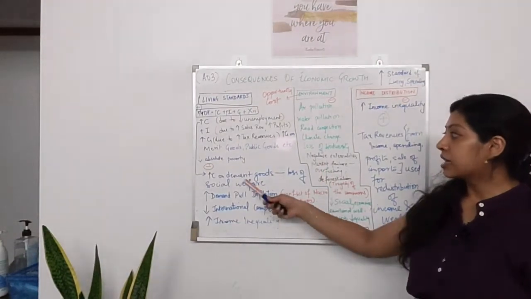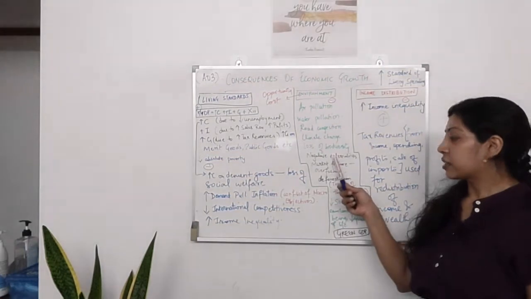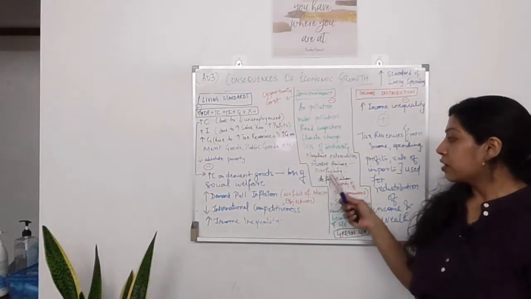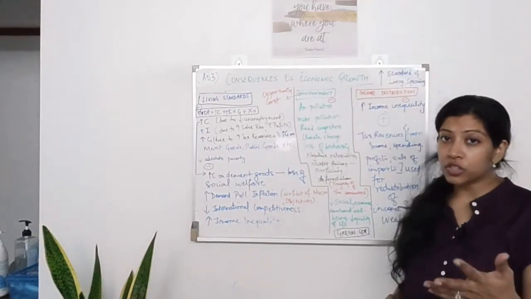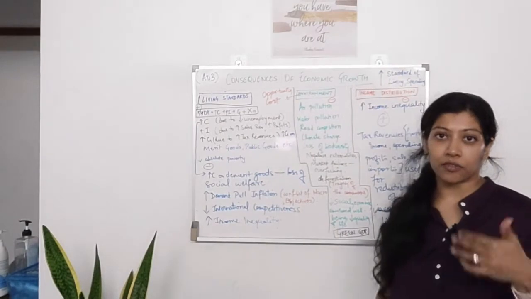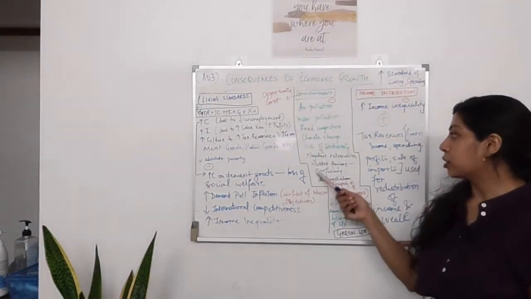Apart from that, we looked at an increase of consumption of demerit goods, which leads to negative externalities. That's a form of market failure. Another form of market failure is overfishing because of all of these harmful effects on the environment, and you have economic growth, a lot of people going in for fishing. That would be overfishing.